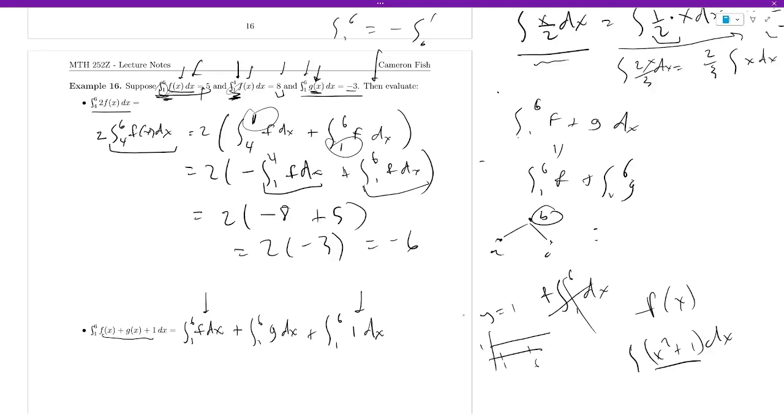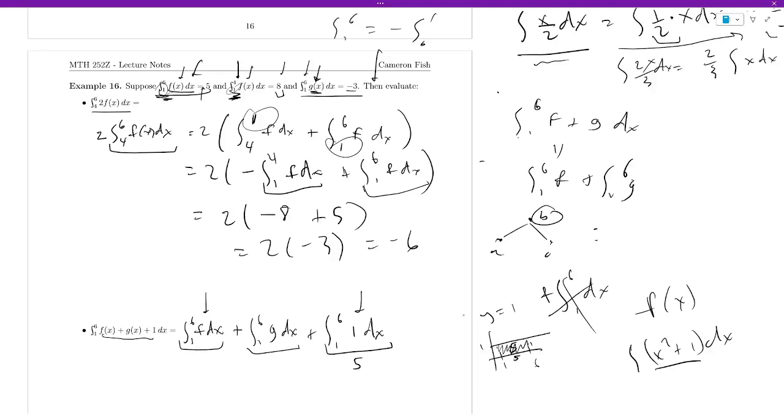I'm going from 1 to 6. The integral means the area. Oh, hey, that's a rectangle. Its width is 5, its height is 1, so that better have area of 5. So even without doing a Riemann sum or anything, I can figure out on my own that the value of that is 5.